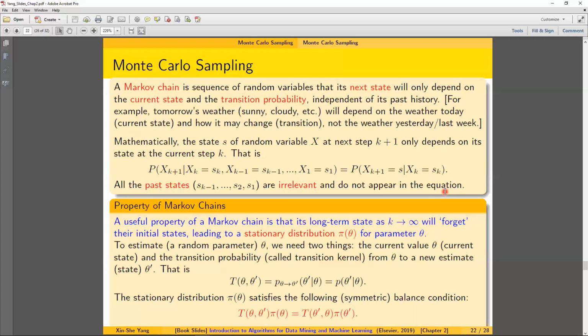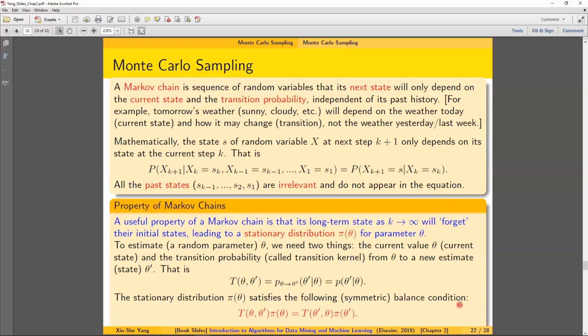That is to say, T(theta prime) equals the probability of theta prime given theta. And then the stationary pi theta has a symmetric balance condition. That is to say, T(theta prime | theta) times pi theta equals T(theta | theta prime) times pi theta prime.